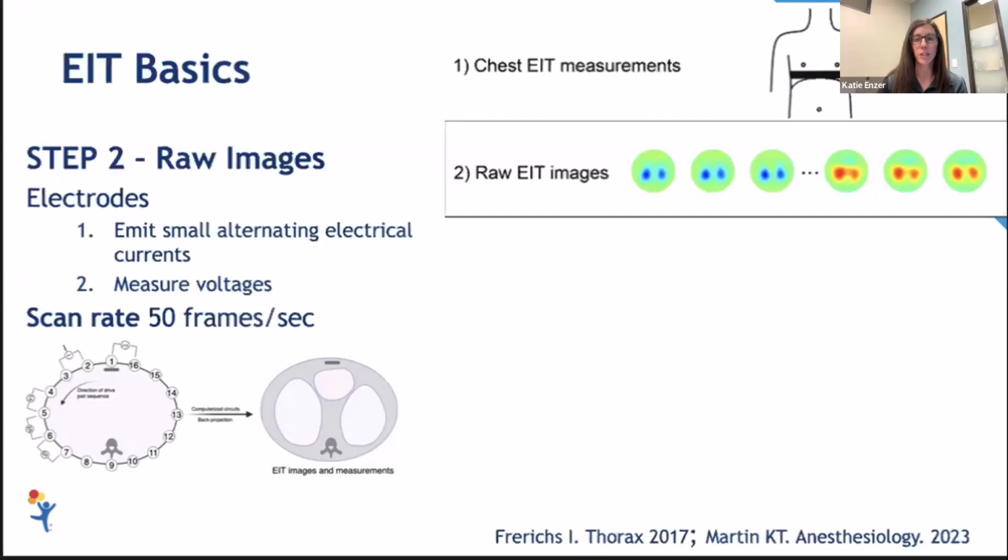Impedance of the thorax changes depending on the relative contents of the chest: air versus tissue versus blood. Since the EIT scan rate for current devices is up to 50 times a second, that allows for frequent dynamic assessment of the chest during the entire respiratory cycle.